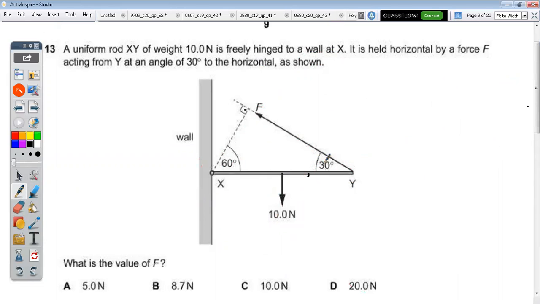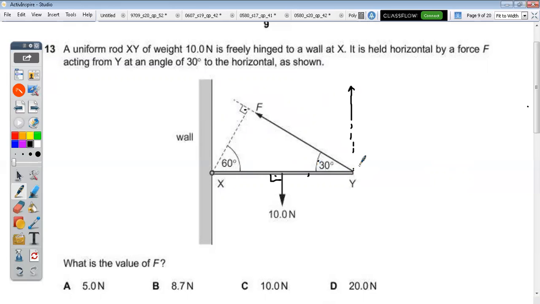What I said is we need to bring, remember, because how do I define the moment of a force? It is the force times the perpendicular distance. Force and distance should be 90 degrees to each other. This force here is 90 degrees to this distance, so I need to bring this along this.